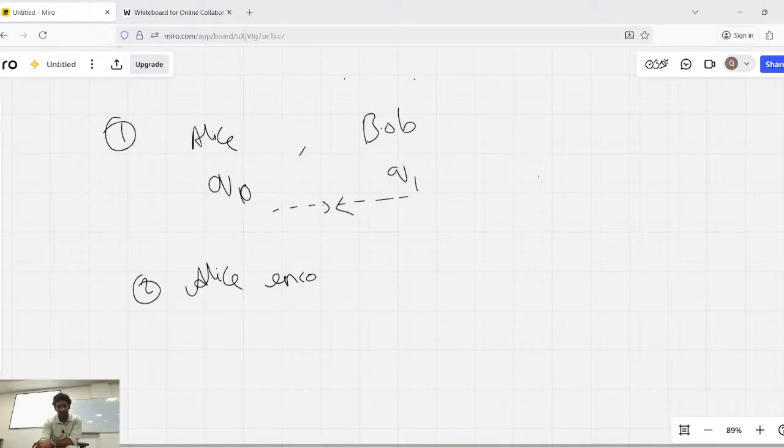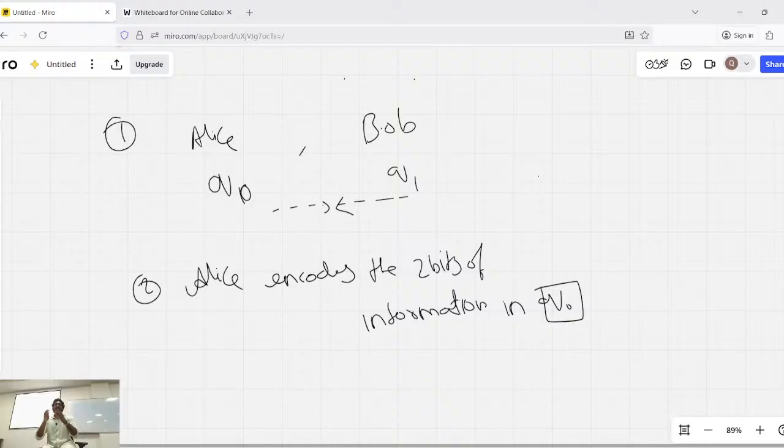Then Alice encodes the 2 bits of information in Q naught. That's the second step. The first step is that they both share an entangled pair. After they share it, Bob has Q1 and Alice has Q0.